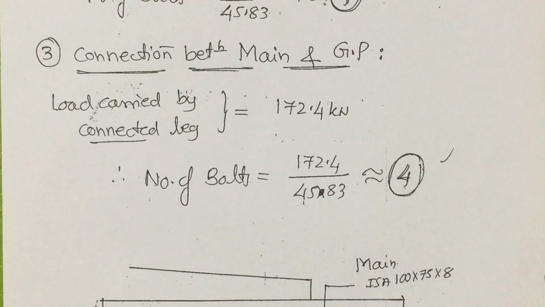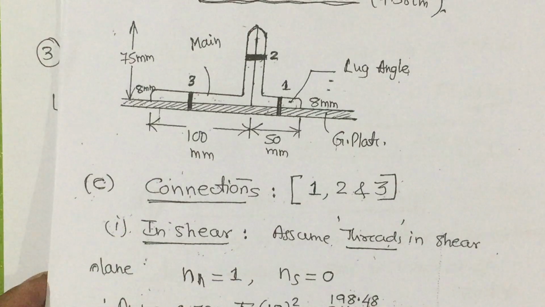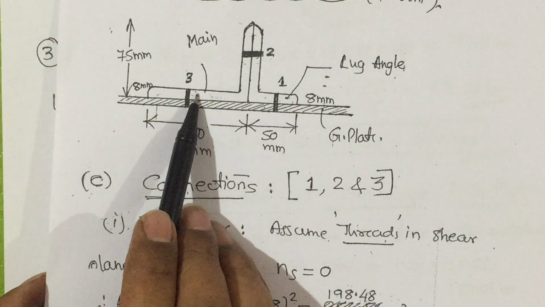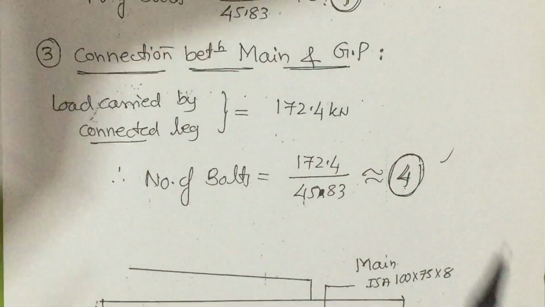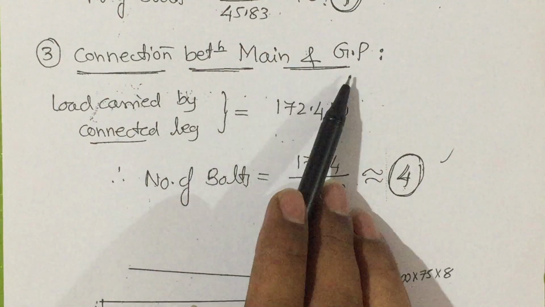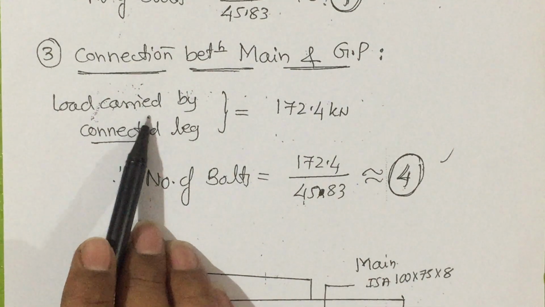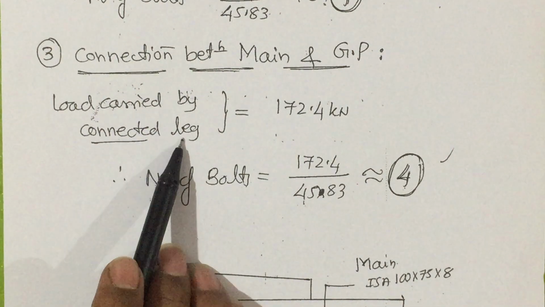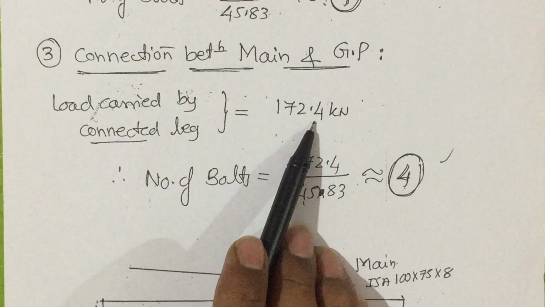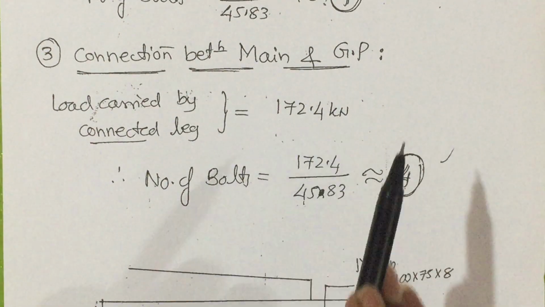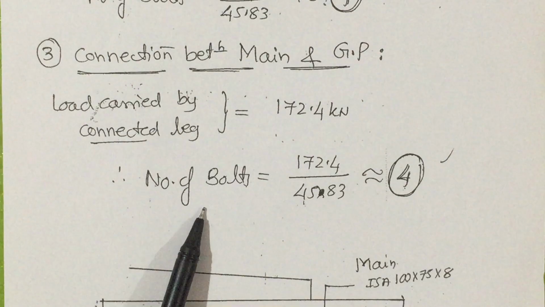Then the third type of connection is between the main angle and the gusset plate. Therefore, the load carried by the connected leg is 172.4 kilonewton. Here we are going to take it directly.